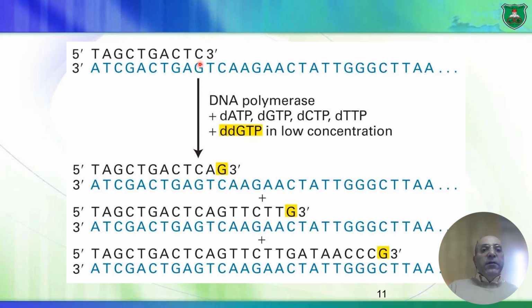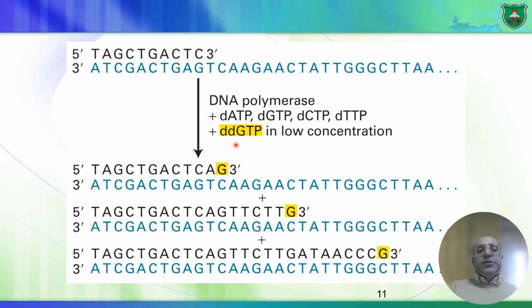So let's say the primer ends with a C. And this is the tube that contains the dideoxyribonucleotide. So it sees, here's a C, it sees a T, it has an A. It sees a C, it has a G. Great. Now, the DNA polymerase has 2 options. Either it adds a deoxy G or it adds a dideoxy G. Most probably, it's going to add deoxy G. Why?